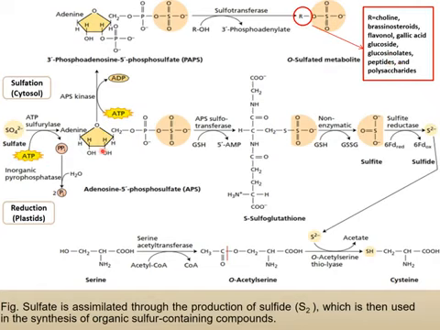In the case of reduction, which takes place in plastids, APS gets transferred into sulfide through a series of reactions in which the reduction takes place with the help of glutathione and ferredoxin. Sulfide then reacts with O-acetylserine to form cysteine. Cysteine is then utilized for the formation of other organic compounds which contain sulfur.